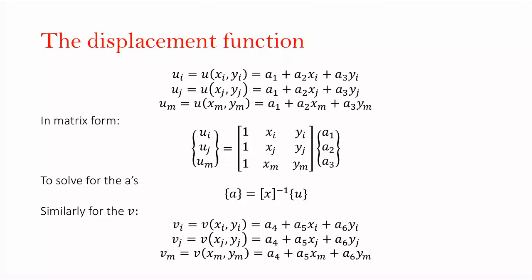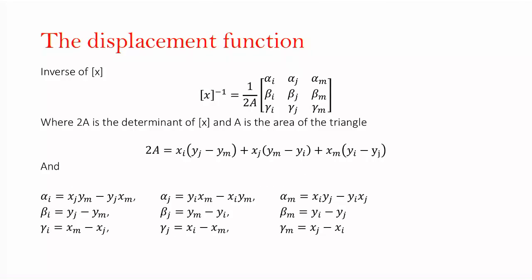So if you write down these 6 equations together in matrix form, these would be the equations. And then for solving the unknown coefficients, we need to calculate the inverse of that matrix, which is the matrix X.